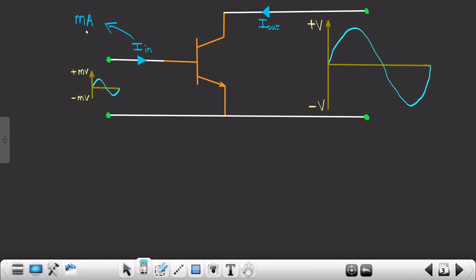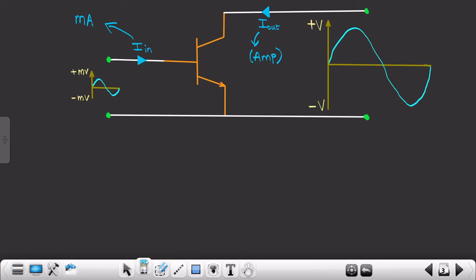And since at the output side you are getting the signal in a few volts, we can expect that the current produced at the output side would be in a few amperes. Over here it is in milliamperes, and at the output side we are able to achieve a signal with voltage in a few volts and a few amperes. Extremely sorry for that.